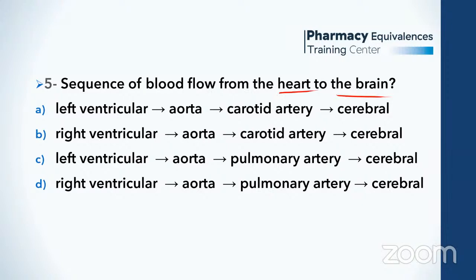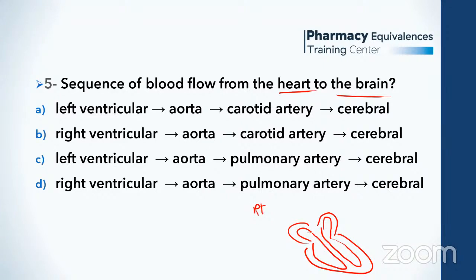Let us see the circulation and the anatomy of the heart. The heart is formed of 4 chambers: 2 atria and 2 ventricles, the right part of the heart and the left part of the heart.